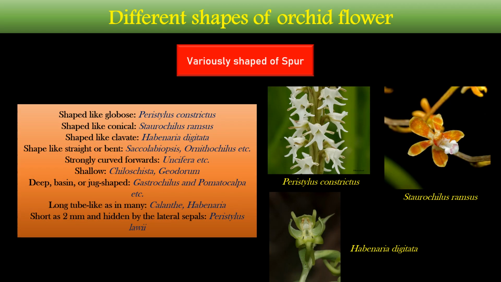Then from the other factor, we can also identify by various shapes of the spur. Due to different variation in spur, you can identify the particular species, such as shaped like globose.